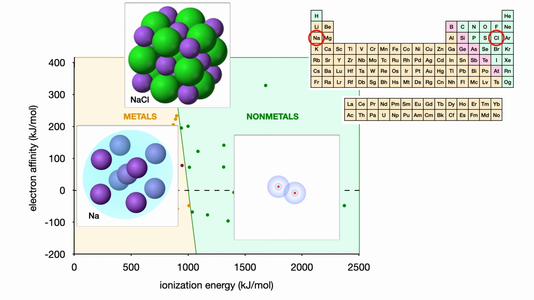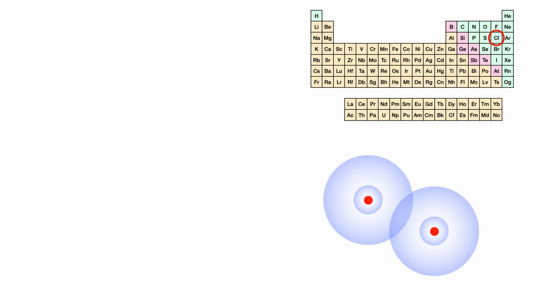So let's take a closer look at this bonding picture between the two chlorine atoms. I'm going to start by just reminding ourselves that the atomic nucleus really is infinitesimally small, and so it's absolutely tiny compared to the electron clouds for the core electrons, and certainly for the valence electrons.